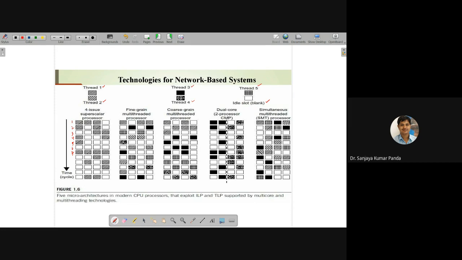For simplicity of the example, here we consider there are 4 functional units: functional unit 1, functional unit 2, functional unit 3, and functional unit 4.